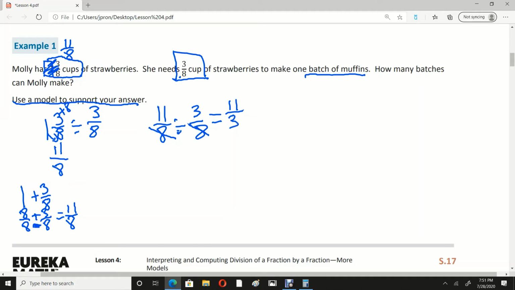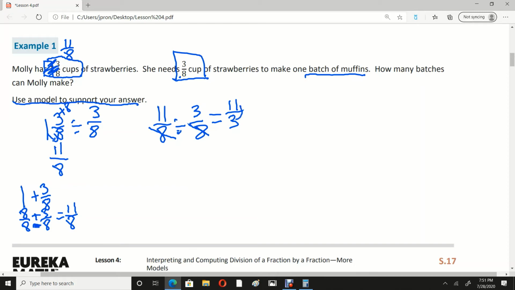So that's to say that we're going to be able to make 11/3 batches of muffins. But you know, and I hope you understand, that we're not going to be able to make a fraction of a batch of muffins, right? But we know this is an improper fraction. So let's go back and make this into a mixed number.